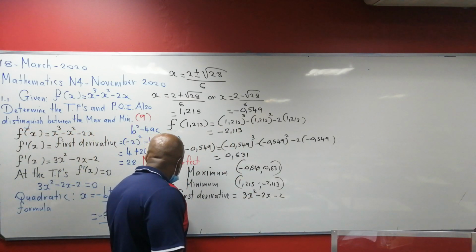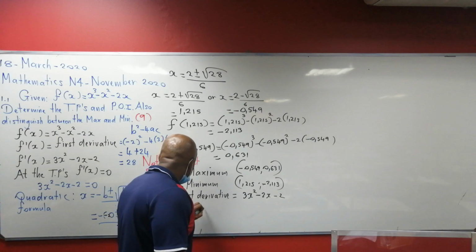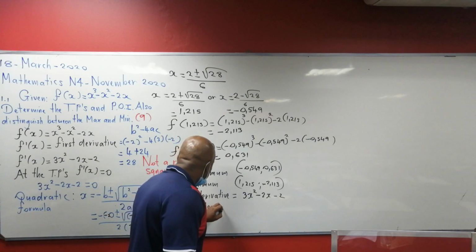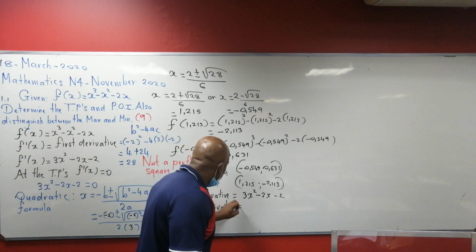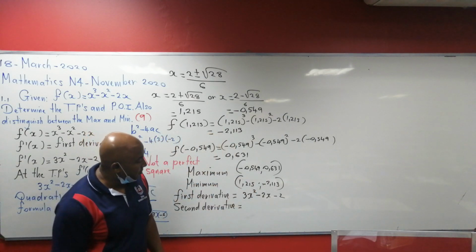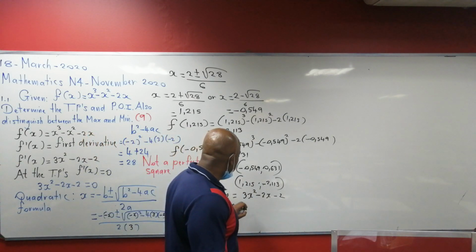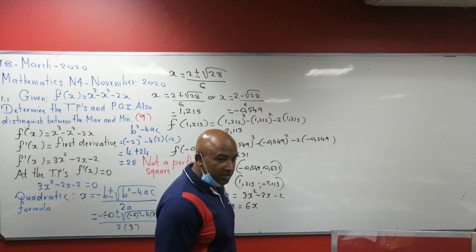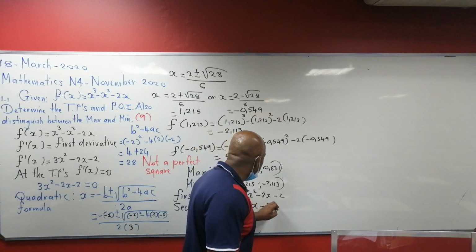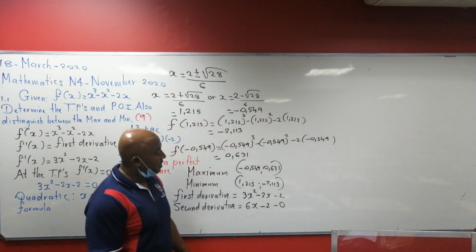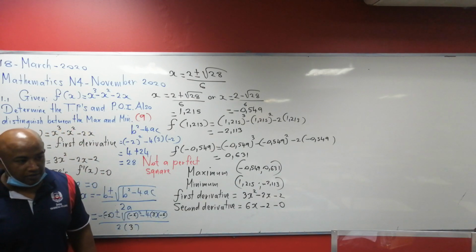So now the second derivative, you differentiate this one more time. The derivative of 3x squared will be 6x, derivative of minus 2x is minus 2, and the derivative of a constant is 0.